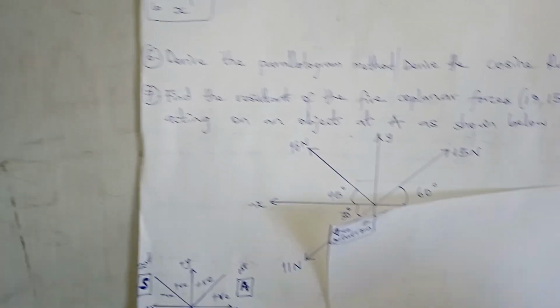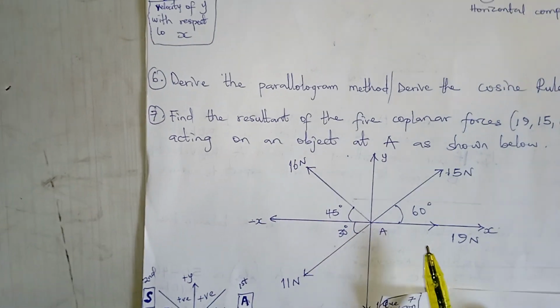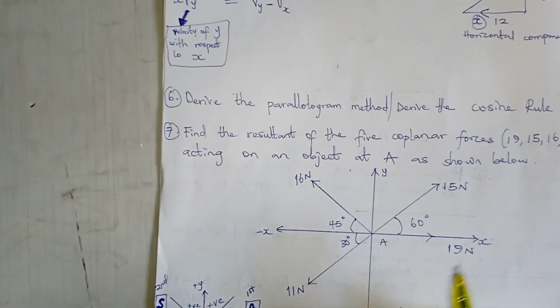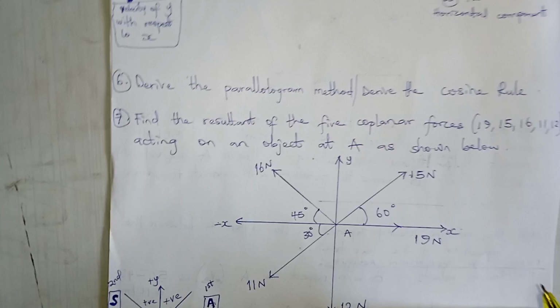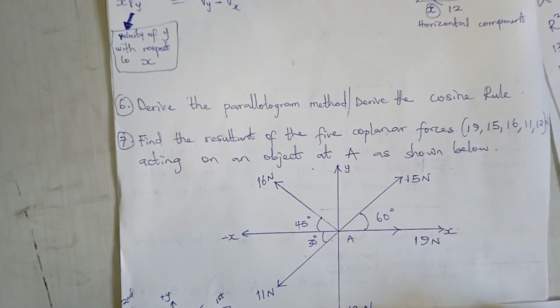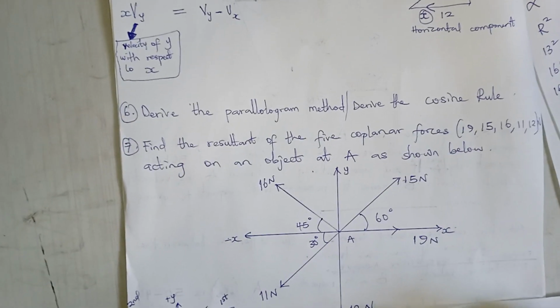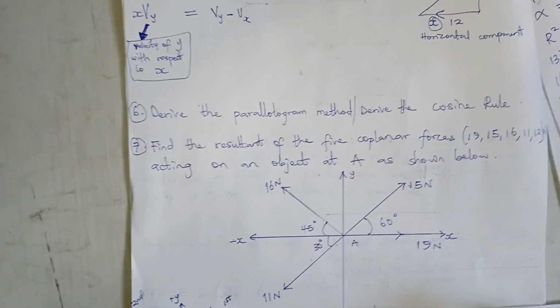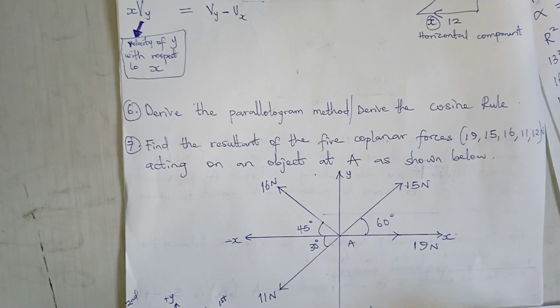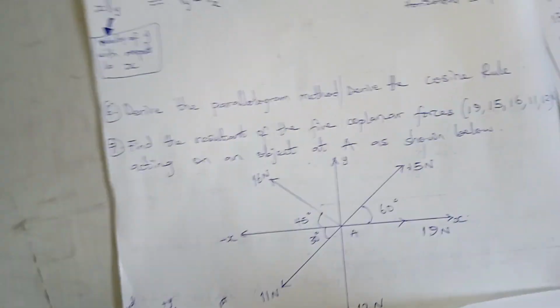So if you know this, let's fall back to the question. Whenever you see this question, they tell you to resolve. They give you a resultant, and you do the opposite of what resultant is. Resultant is bringing two separate forces together and it becomes one. Resolution is simply taking one force and putting it into the x and y axis.